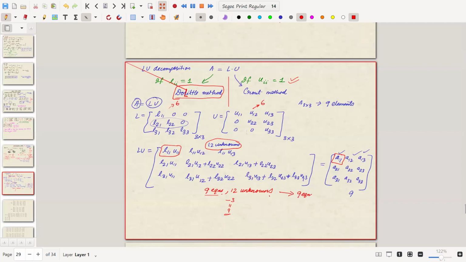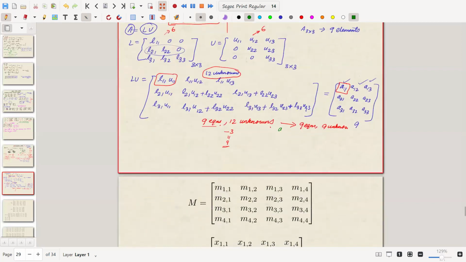To make this transition, you will need the help of two methods, Doolittle and Kraut. I hope you are understanding this. This is the most important reason why Doolittle and Kraut methods are actually needed.